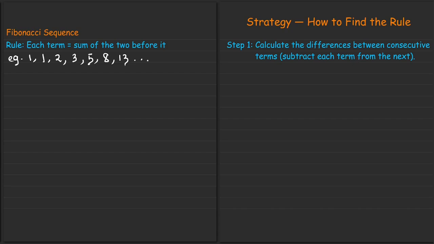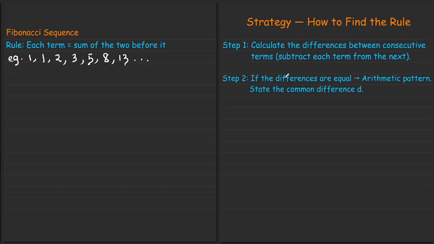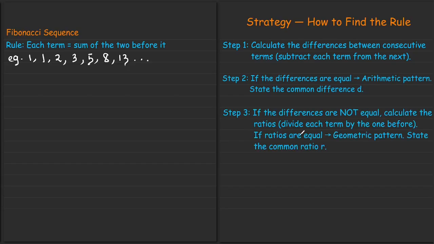Then comes step 2. If you're able to do that and the differences are equal, then it simply means it is an arithmetic pattern. You write it down as D, that is, common difference equals D. But if not, then we go to step 3, which is to find the ratio.